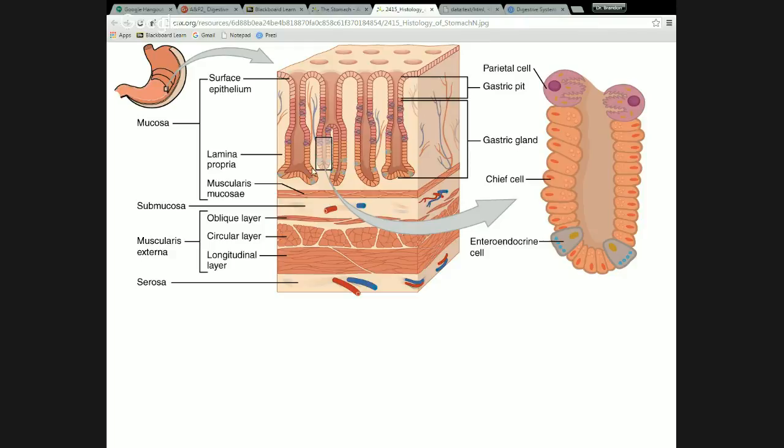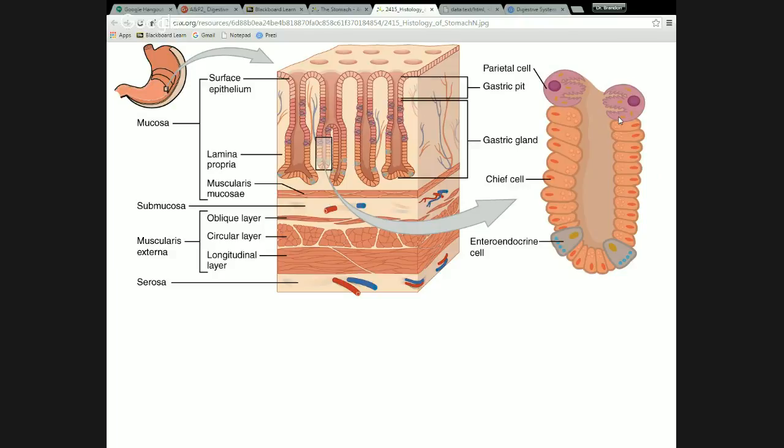And then the inset in here shows us 3 other types of cells that are at the root of the gastric gland. Now these pictures are drawn representing what you'd see under an electron micrograph, where we can see some differences in the structure of the cell. Under a light microscope, you would just see a bunch of columnar cells. You wouldn't see this sort of detail you see here.